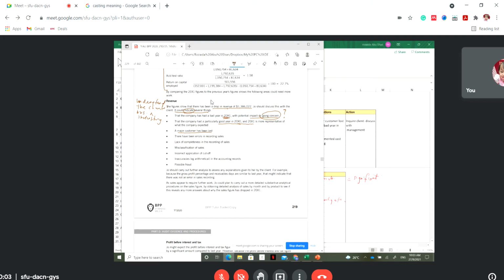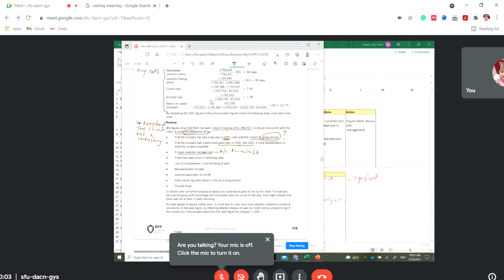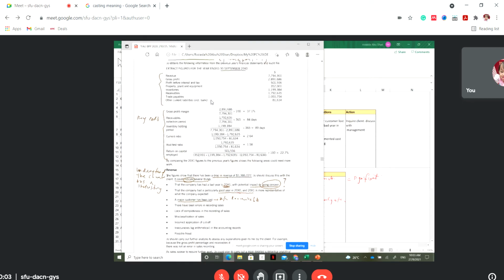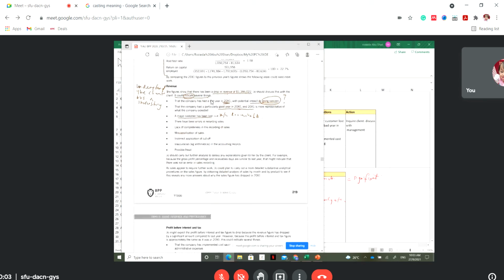So look at the account receivable. Okay, is the account receivable reduced? So look at the account receivable here. Okay, so compare the amount of receivable. Later we look at it. There may be errors in recording sales.